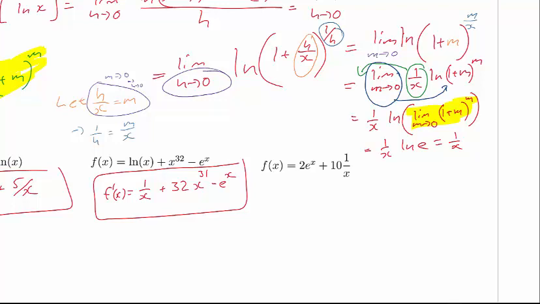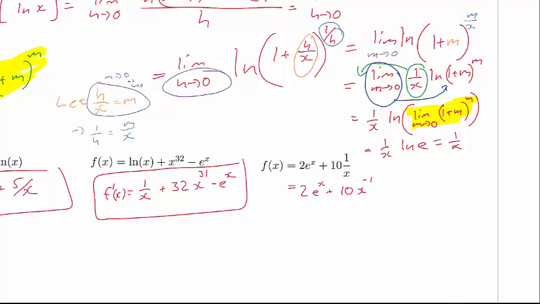All right, so the last one here is simply f prime of x equals 2e to the x plus, you know what, I'm going to go ahead and restate this one because you might not see what's going on here. So 2e to the x plus 10 times x to the negative 1 exponent, right? That's what this means.